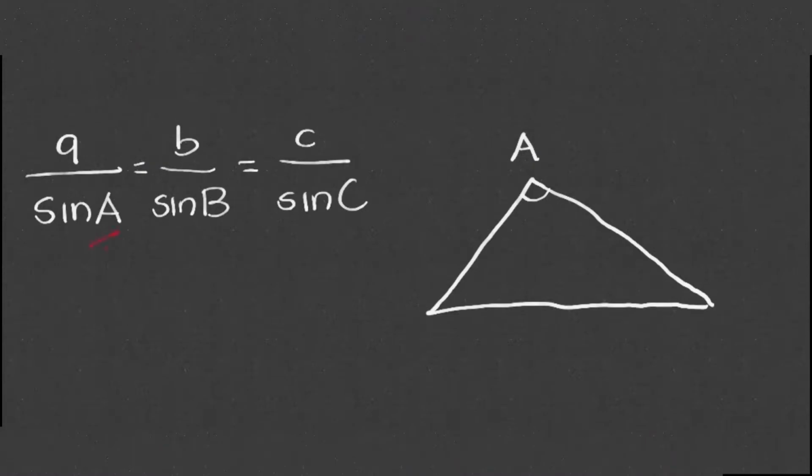So in this triangle, we have the big letter A, and the line which that angle forms is its lowercase, in this case, the small letter a. Here's another angle, big letter B, and the line which that angle forms is its lowercase, small letter b. So that small letter b represents the length of that side.